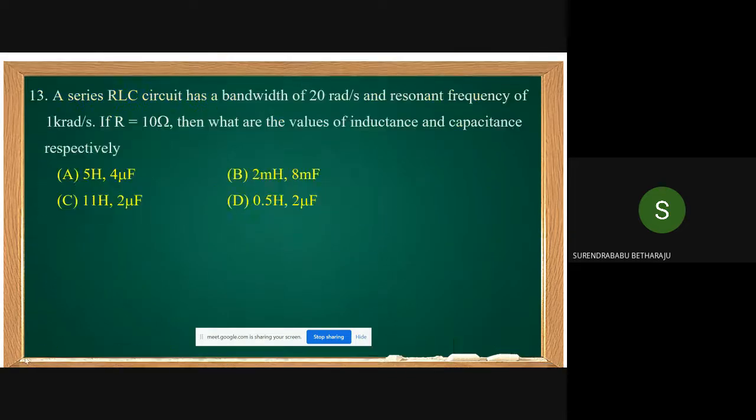Next. A series RLC circuit has a bandwidth of 20 radians per second and resonant frequency of 1 kiloradians per second. If resistance is 10 ohms, then what are the values of inductance and capacitance respectively?